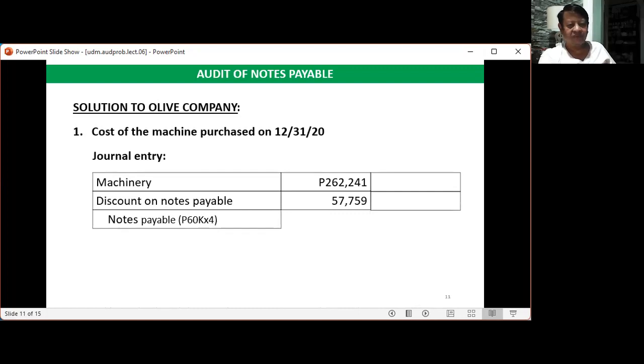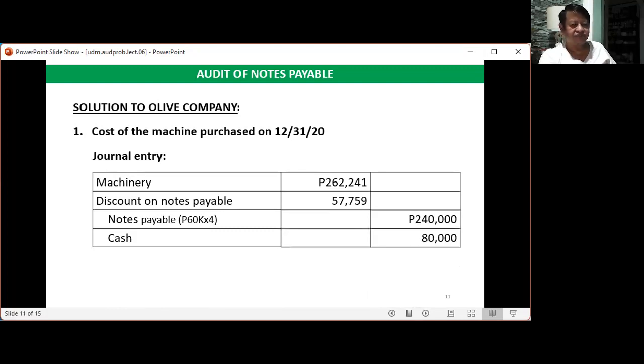Of course, we will credit notes payable. 60,000 pesos is the annual installment multiplied by 4 years, the term of the note. Therefore, the notes payable is 250,000 pesos. So we will credit cash because of the down payment of 80,000 pesos.